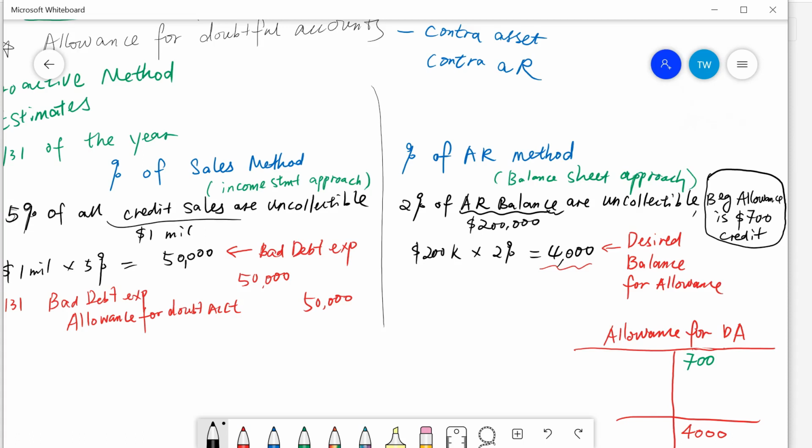And then, what is our bad debt expense? Well, your bad debt expense is what makes up the difference. If you had the 700 credit and you want it to become 4,000, you need to adjust it by 3,300, and this is what your bad debt expense needs to be.